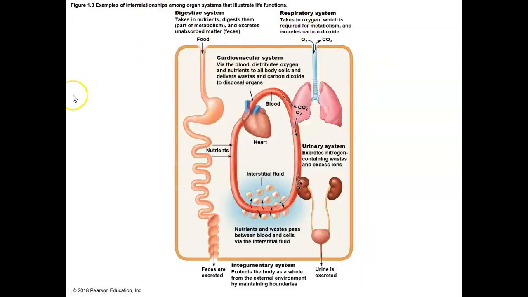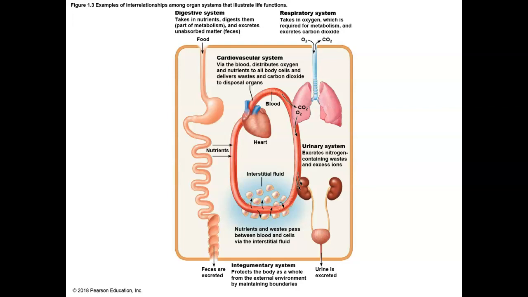And so I mentioned all these organ systems, but the organ systems don't work independently of each other. They all work together. So we need to take in nutrients through the digestive system. Those nutrients wouldn't be beneficial unless they could get to our cells. And it's moving those nutrients into the blood that allows us to get the nutrients to the different cells.